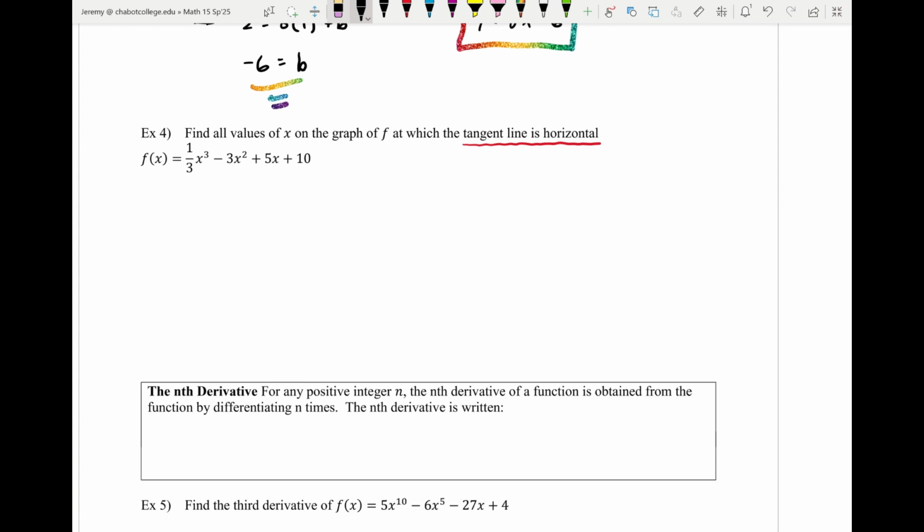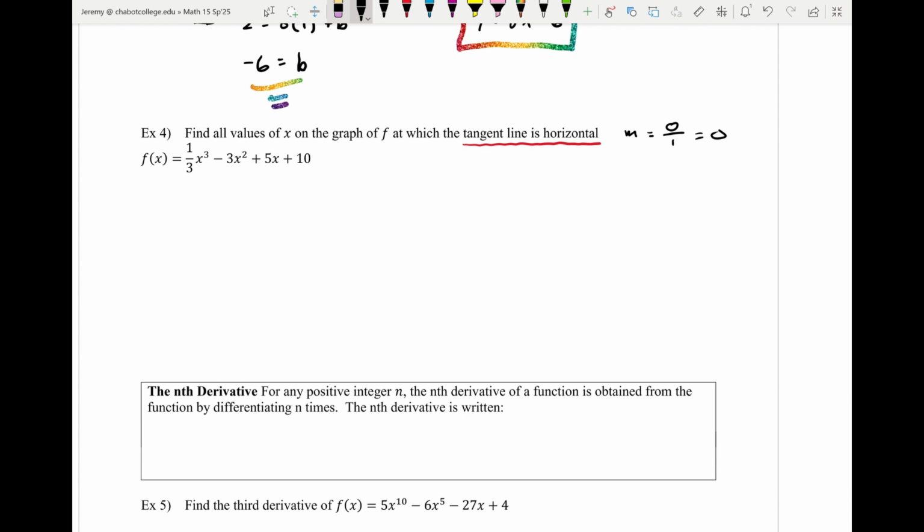What's going to be important here is, what is the slope of a horizontal line? Well, a horizontal line just looks like this. The rise over run, the rise is 0, the run is 1, right? For each one step to the right, we don't take a step up. So the slope of a horizontal line is just going to be equal to rise over run, 0 over 1. It's just equal to 0.